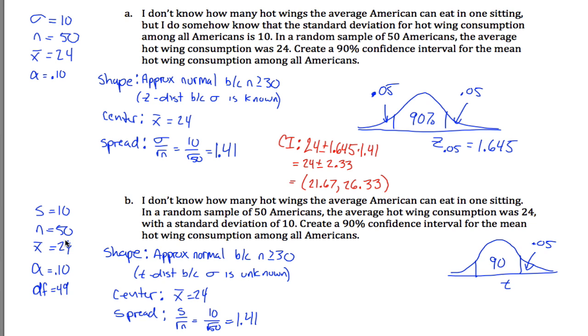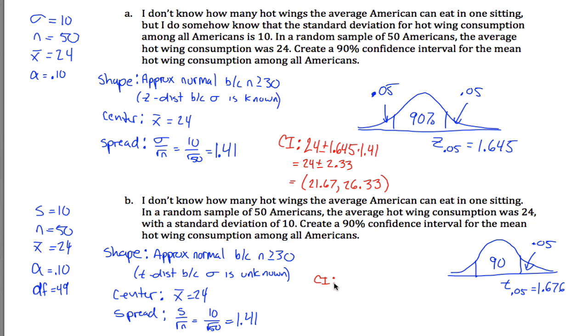It's not because of the n of 50, it's because 49 is close to 50. So if you look up t with 49 degrees of freedom and 5% in the upper tail, you get 1.676. So our confidence interval will be slightly different.